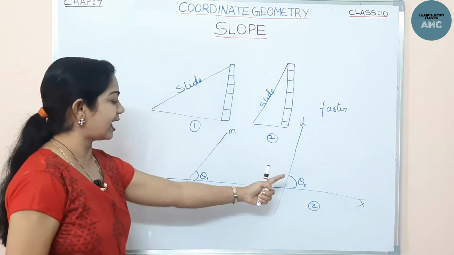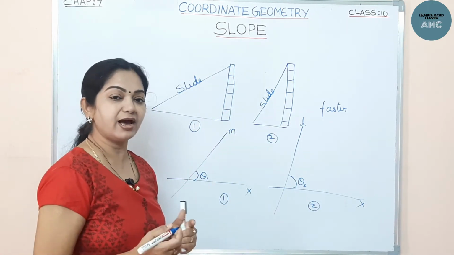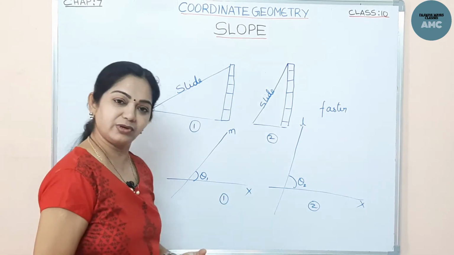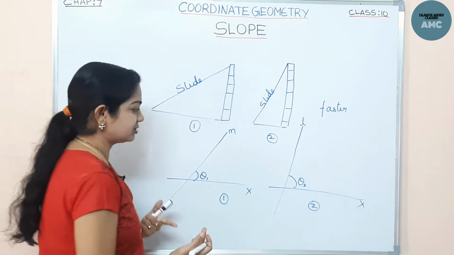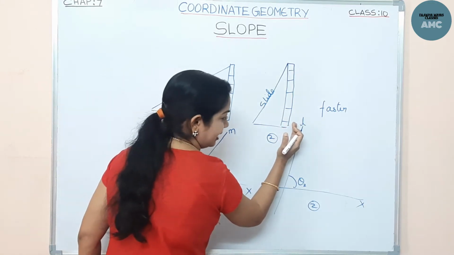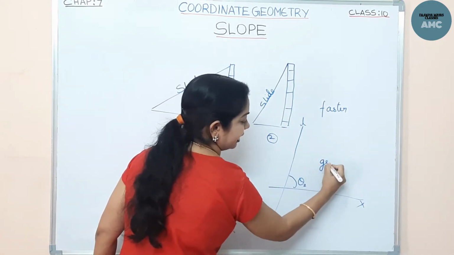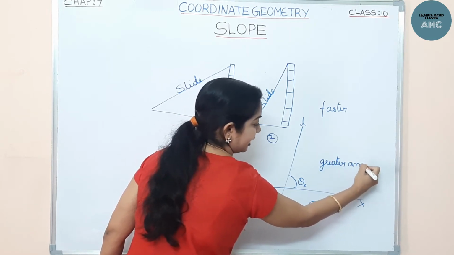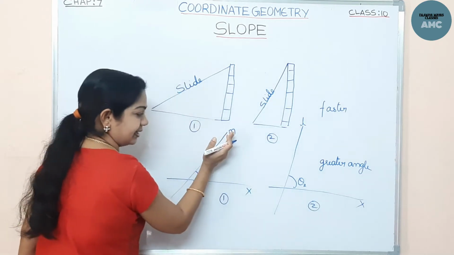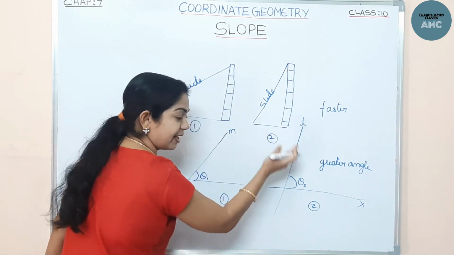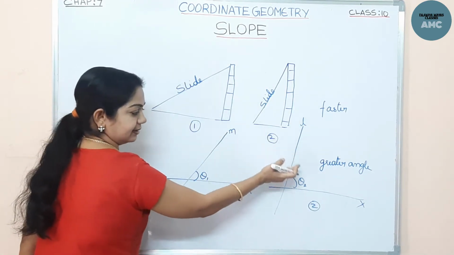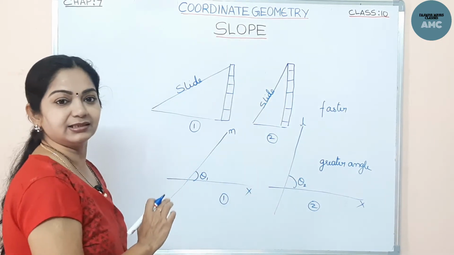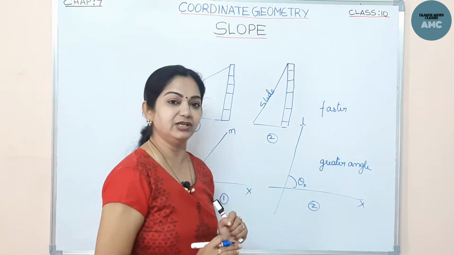Now which of the angles is greater? If I ask which angle is greater, by measuring you can tell, isn't it? But when you see clearly, line L is making a greater angle with the x-axis, whereas line M is making a lesser angle compared to the angle theta 2 of L. By simply observing you can tell.